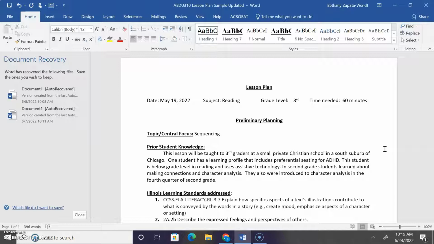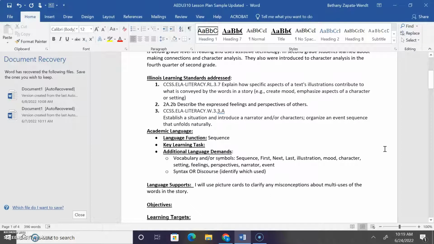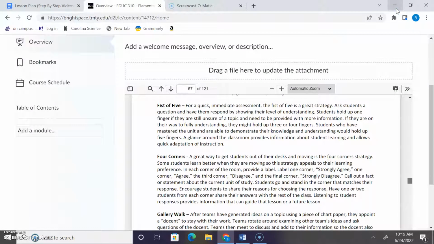So for example, when I'm reading, I might say, okay, that happened first. So I might have them show me the number 1 and then make a motion of what it was. So in the story, the first thing that happened was this.